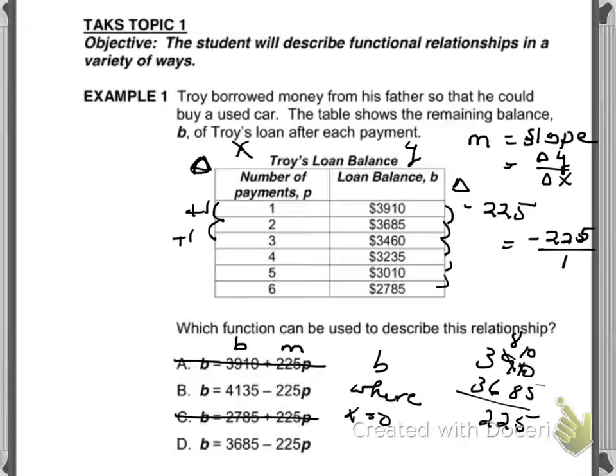And if this goes up by 225 each time, as we go up here, well, when we get to 0, what we're going to have is 3910 plus 225, which is going to be 4135. So this is going to be the answer that's correct.